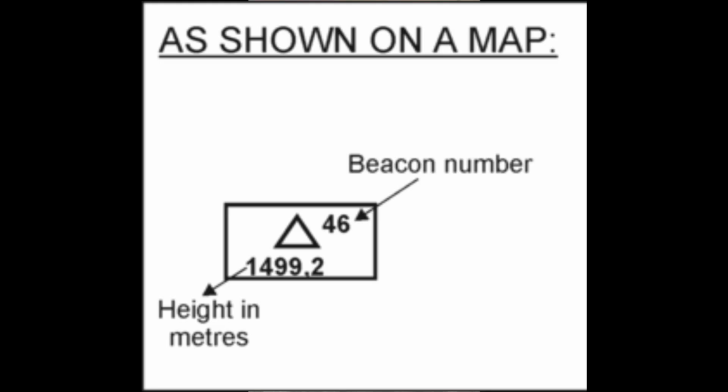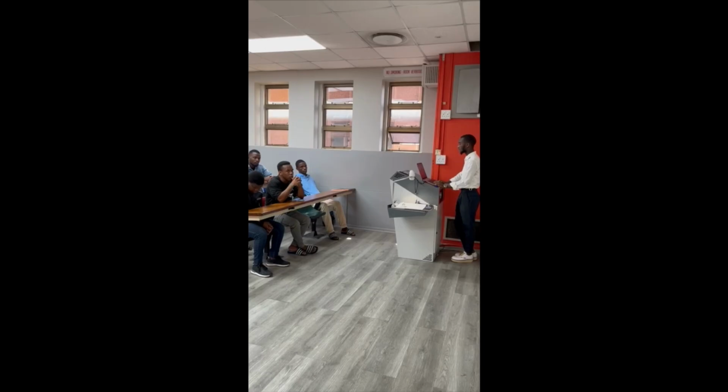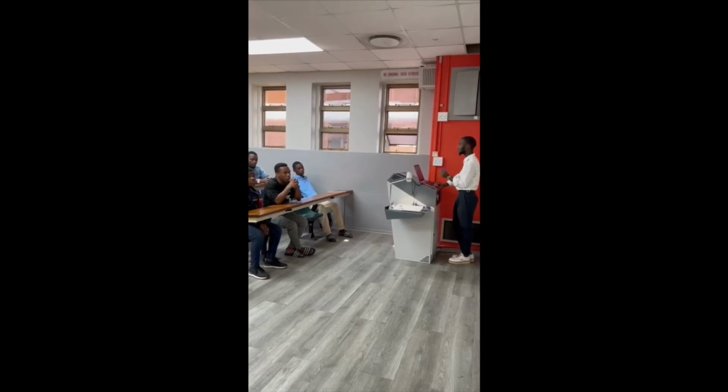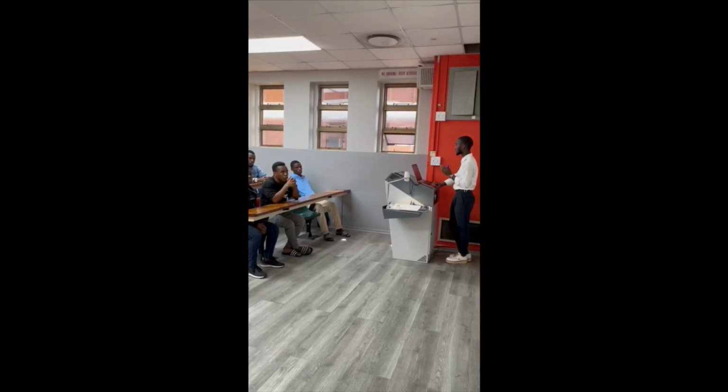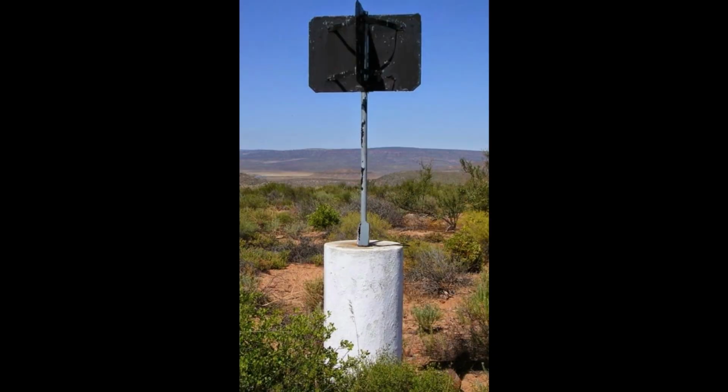We'll see a small triangle with a number. This is called a trig beacon. It marks the highest measured point in the area. Surveyors use it as a reference point when making maps. In the real world, this is the real trig beacon.